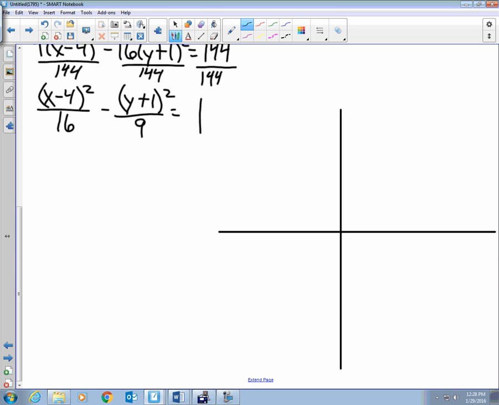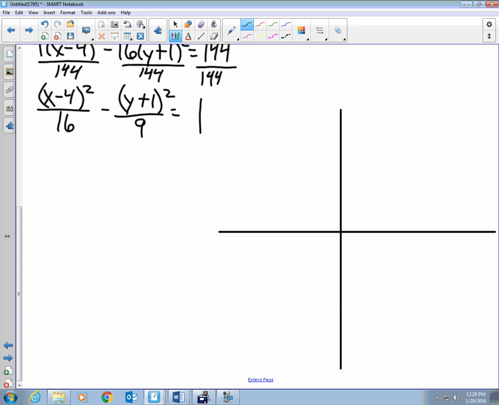Now that it's in the form, I can identify all the important characteristics. Like on your study guide, you see here that all the characteristics are listed for you, right? So I'll have 3 problems where I list everything for you. But I will then have 3 problems where it's not listed for you. And once you determine what it is, you'll go back and look at what you wrote down for the others and say, oh, that's the information I need to provide.